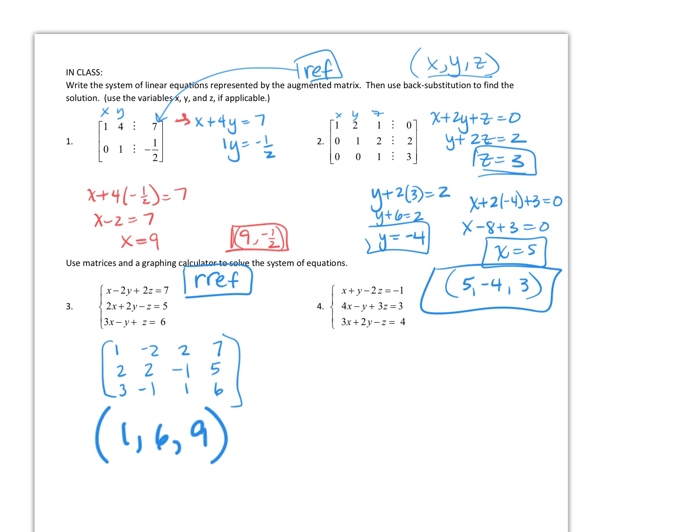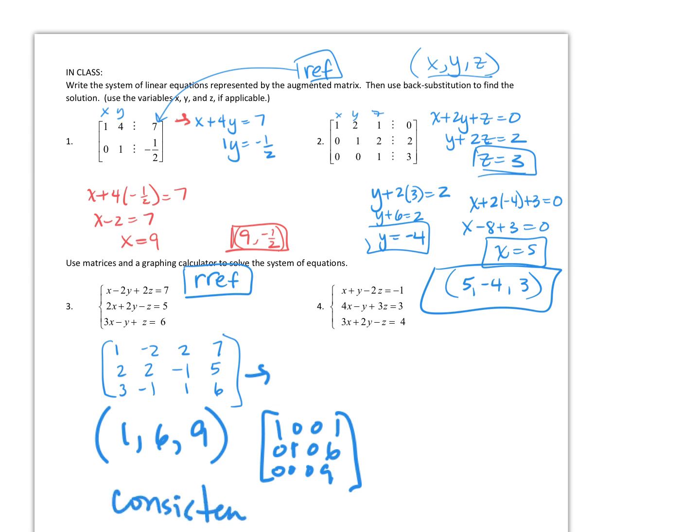There's my solution. Okay? I guess I should write that in there. And we would call this consistent because there is a solution to it, right? One solution. Only one solution.